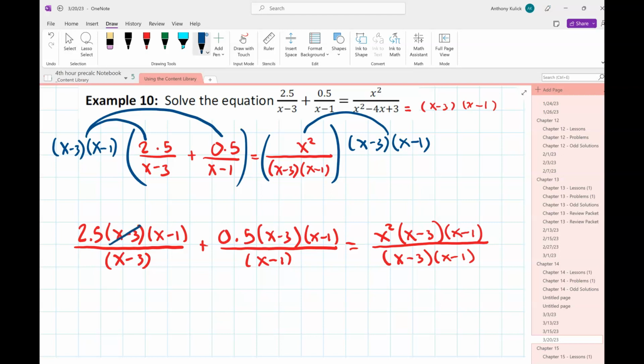Do my reducing. Everybody's happy with that?